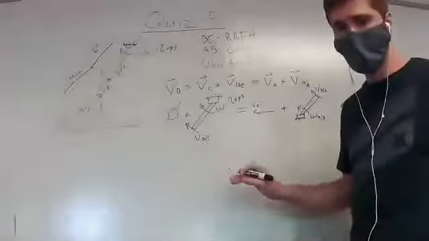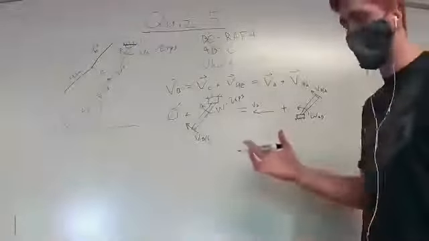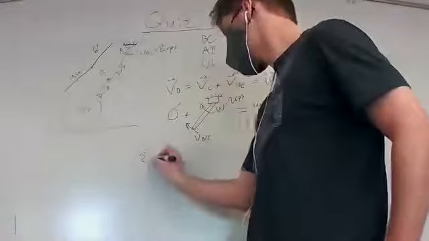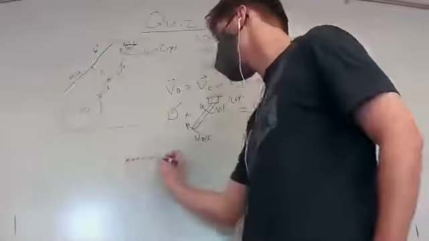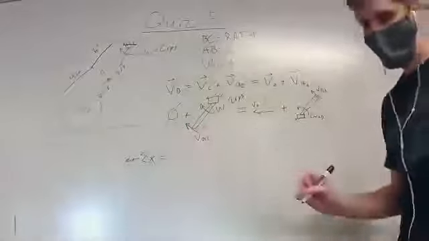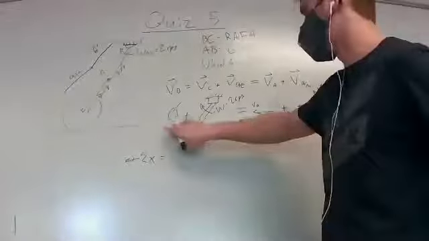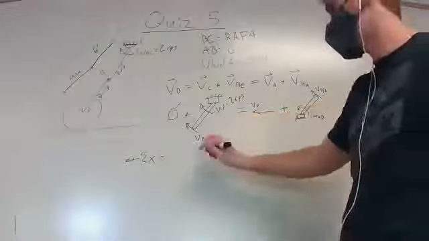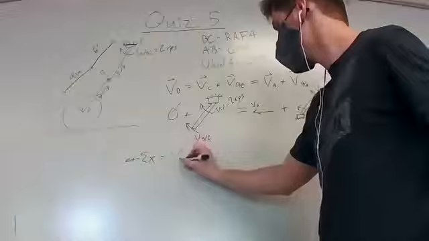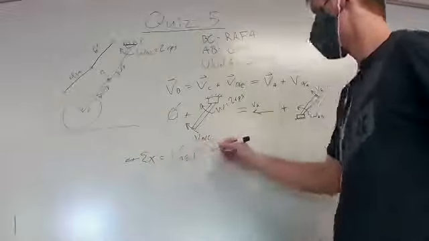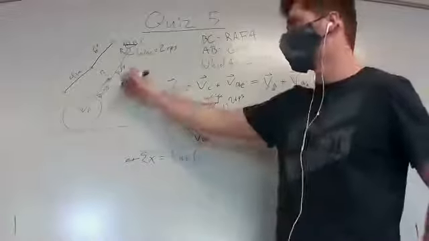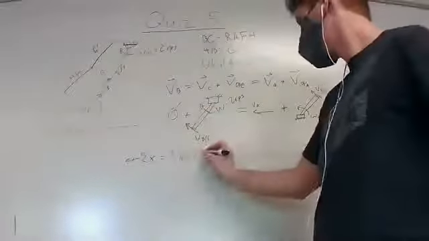So the next thing we want to do is sum the forces in the X, sum the forces in the Y. So we'll start with X, sum of the forces in the X, and for this, they say that left is positive for whatever reason. So right away, we're going to have 0, and then an X component of this member. So we would say VBC times 3/5, because it's a 3/4/5 triangle.